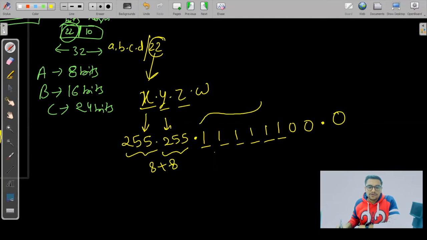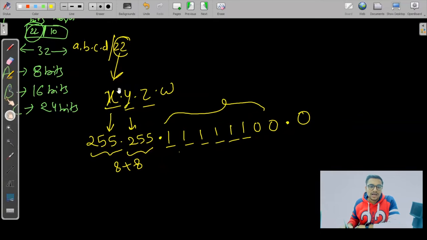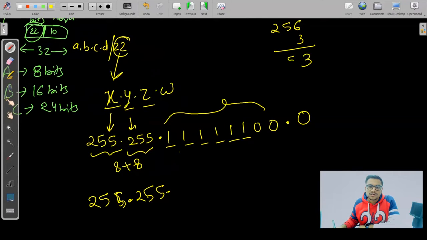Now all I have to do is calculate the decimal notation for this number, and I'll have the network mask for this particular IP. So it will actually be 255.255. Then it is 256 minus 3, which is 253, and then .0.